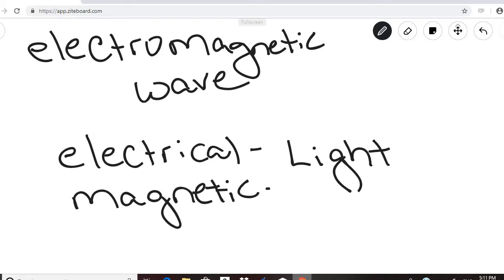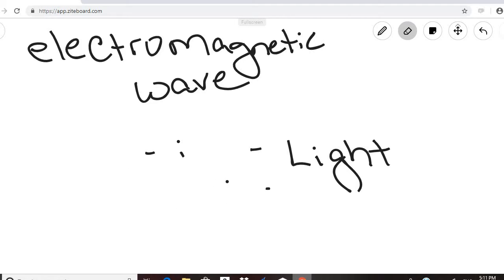If you look in your book, on figure 11.8, you will see a drawing that is the generally accepted view of a light wave, and that is that the magnetic fields and the electrical fields are perpendicular to each other. And so the idea then is that light is an electromagnetic wave.